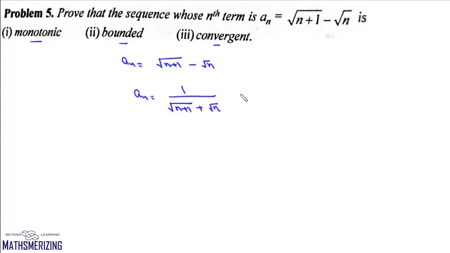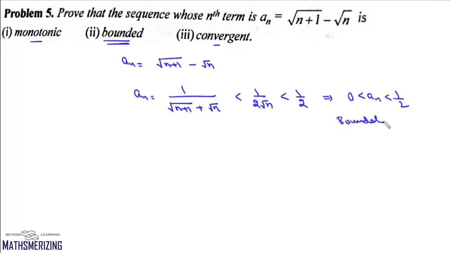Now this value will be less than 1 upon 2 root n, which is less than 1 by 2. So from here we can say this an will lie between 0 and 1 by 2. That is, the sequence is a bounded sequence.